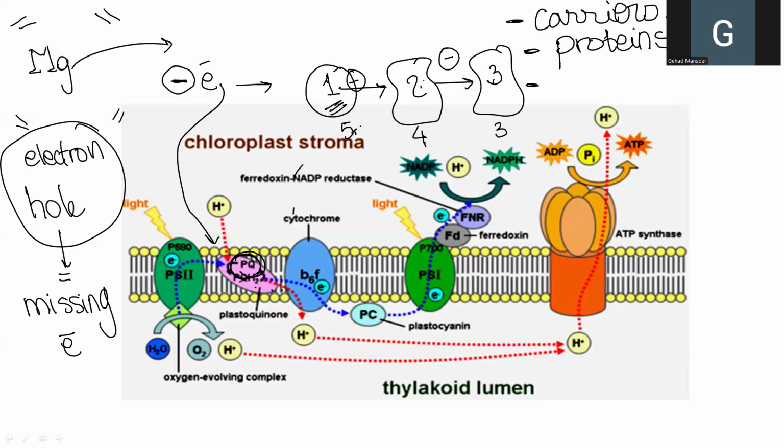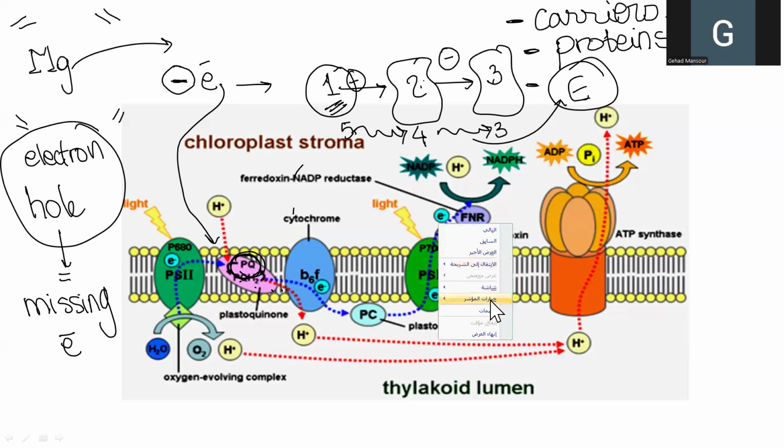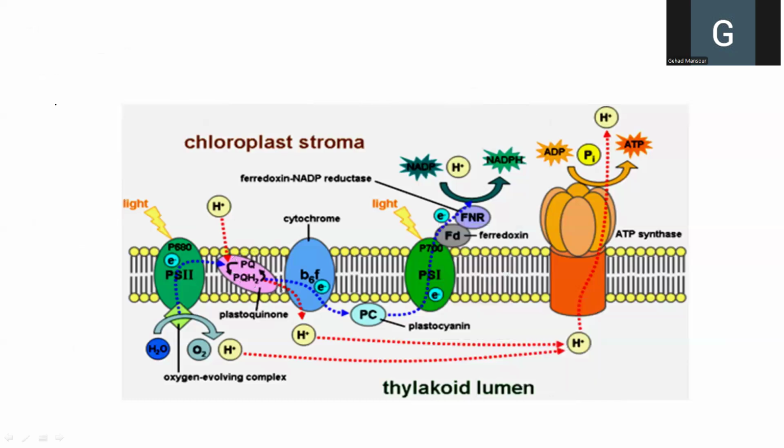And every time the electron goes down an energy level, energy will be released. And it is all this, or part of this energy, that is released from the transfer of electrons that will be stored as ATP.